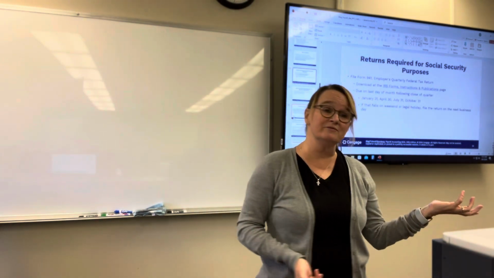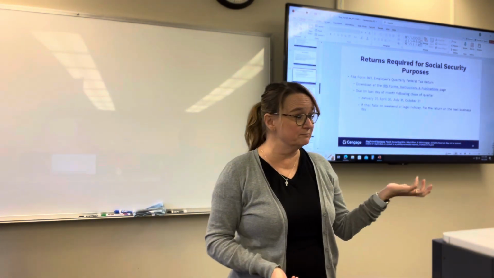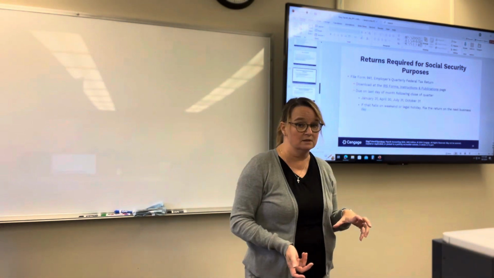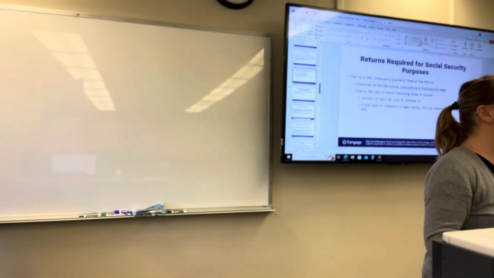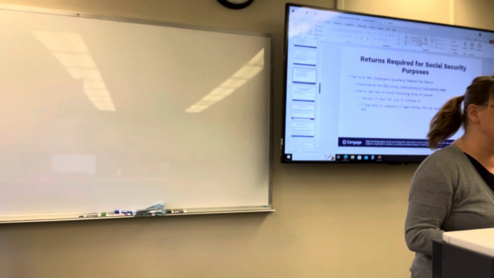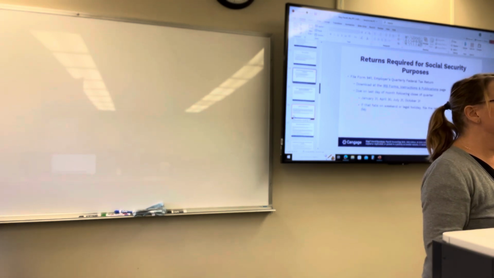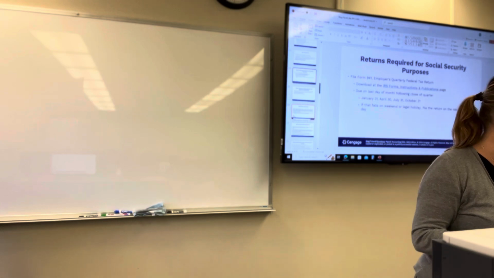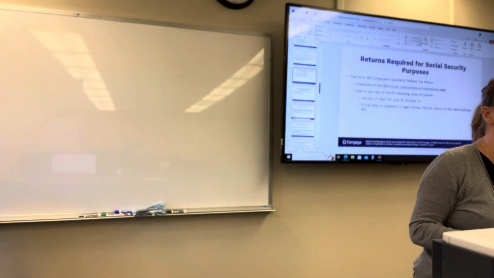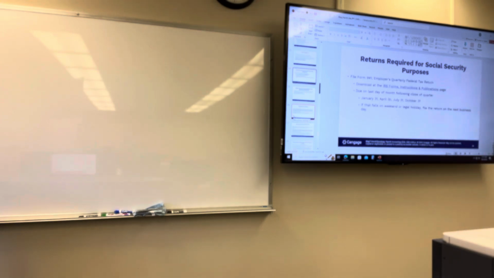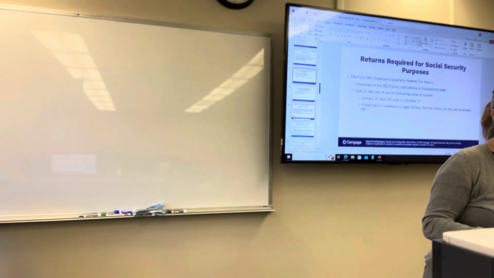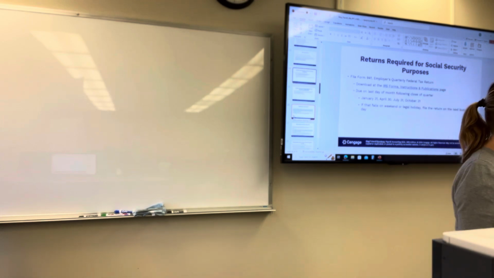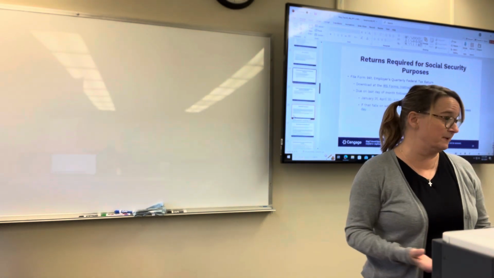The 941 sort of acts the same way, except it is submitted on a quarterly basis by employers. So every quarter, the employer reports to the IRS how much they paid in wages, how many employees they had, how much income tax withholding they withheld from paychecks, how much they withheld in Social Security tax, Medicare tax, additional Medicare tax, and then they reconcile that with how much they've paid to determine whether or not an additional amount is due or if they overpaid during the quarter.